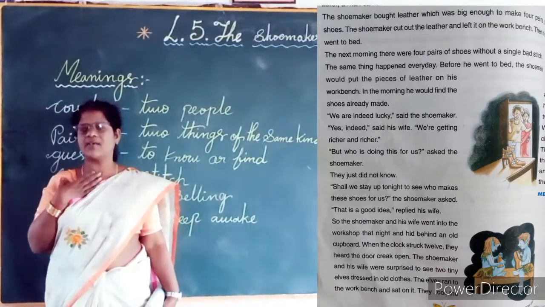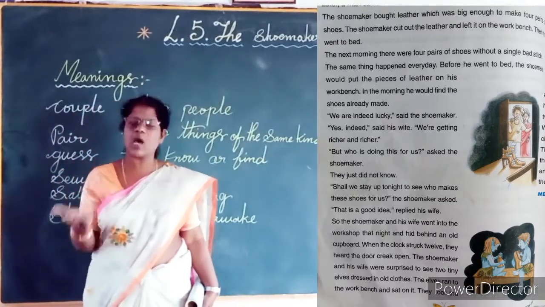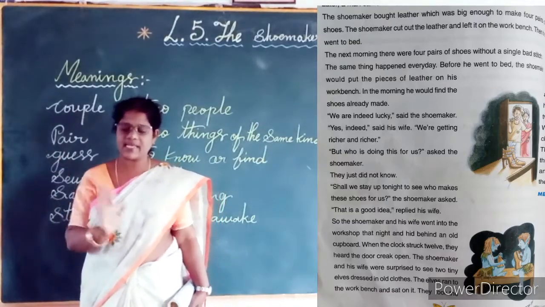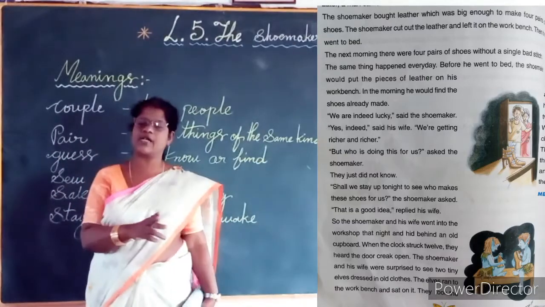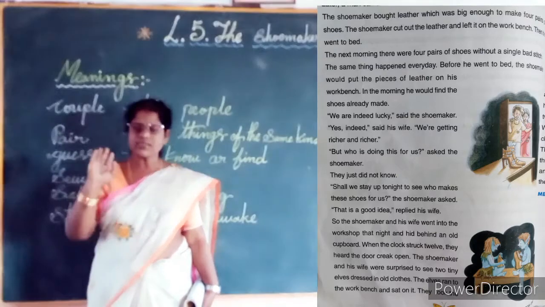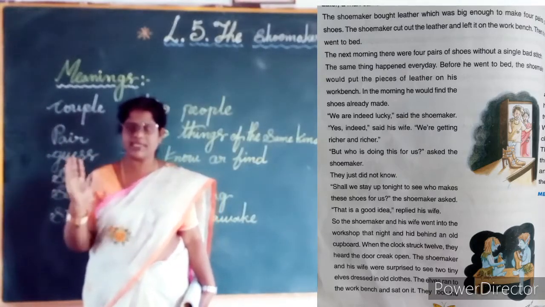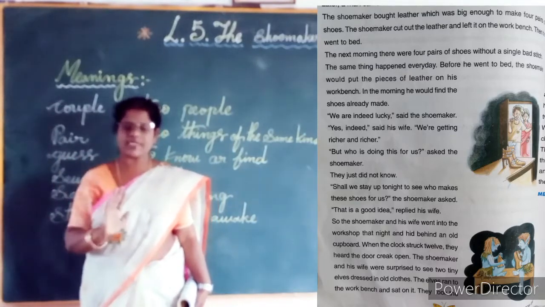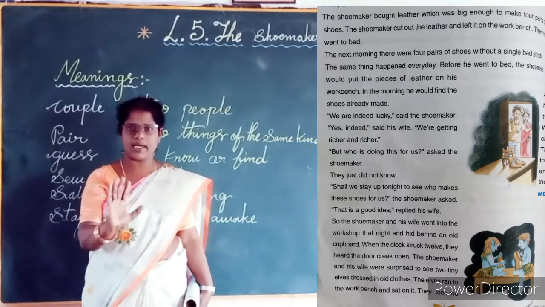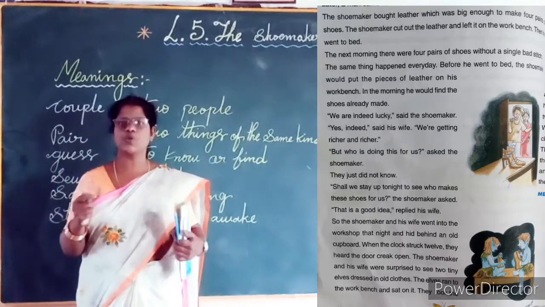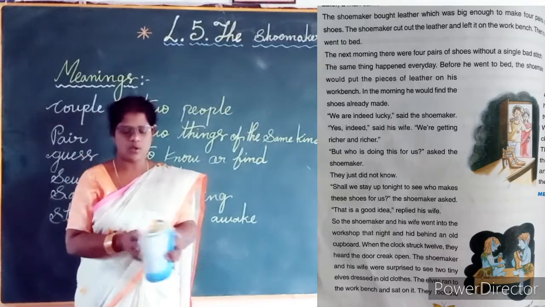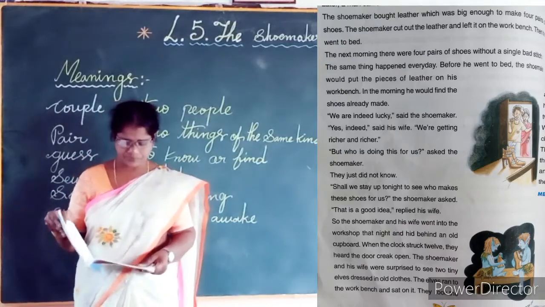Without my interference, how has this work been completed, we will think like that. In the same manner, this wife and husband are thinking, and they decided to watch in the night. Without sleeping, they wanted to see who is doing this work, who is mending the shoes so neatly without a bad stitch.